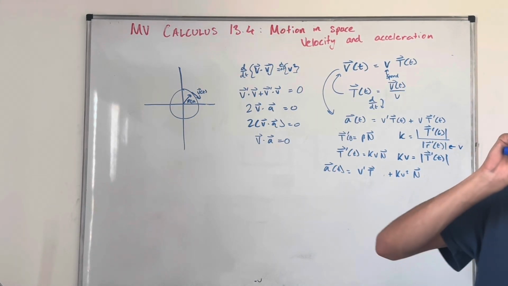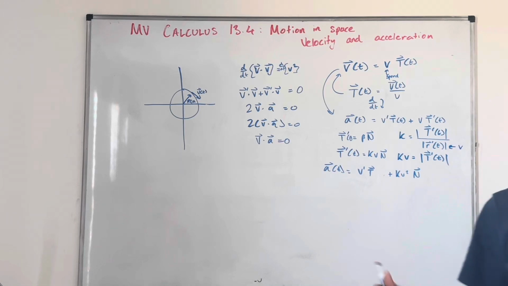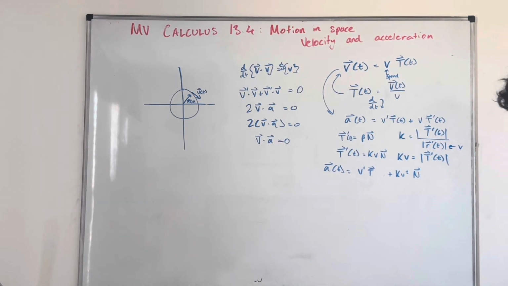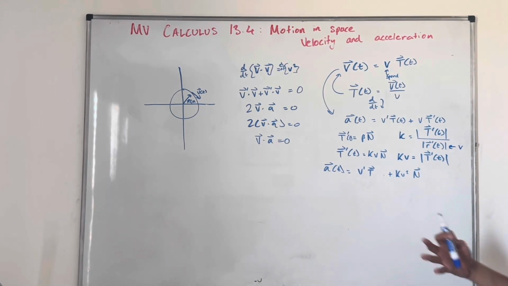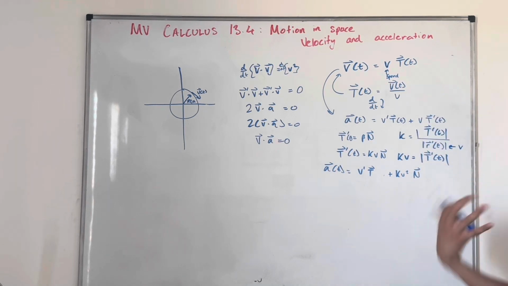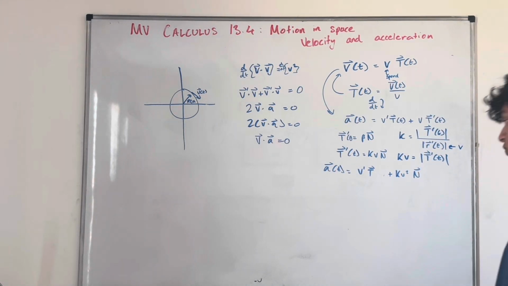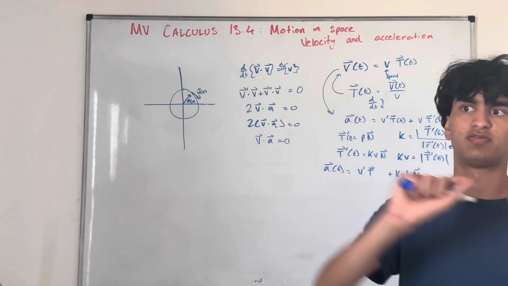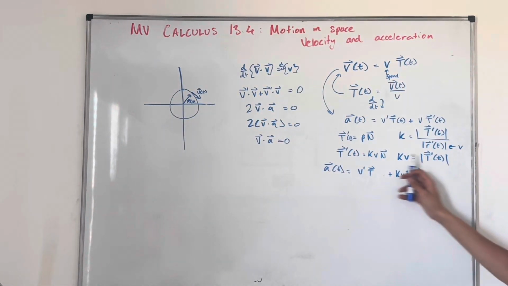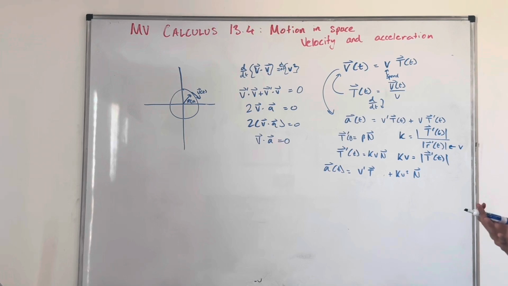And if there's any curvature in the path of the trajectory, there needs to be a normal component, a component perpendicular to the velocity vector, normal to the curve. If kappa is 0, that means it's a straight line and it's just speeding up, so there's no component of the acceleration normal to this.